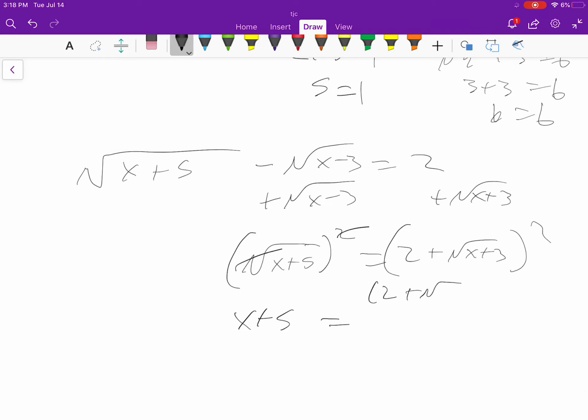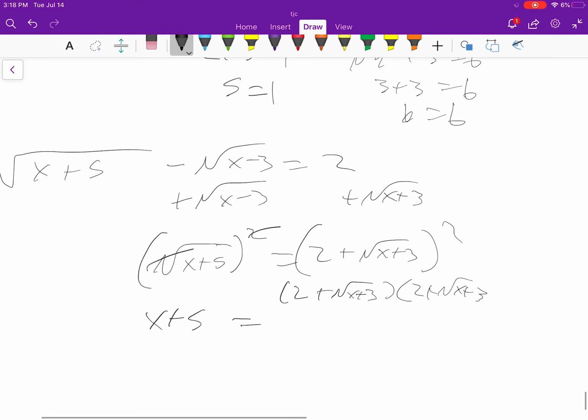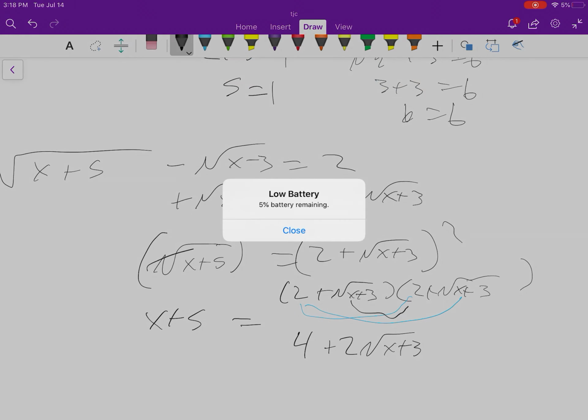Here, what you're going to have to do is FOIL this out. It's going to be 2 times square root of x plus 3 times 2 times square root of x plus 3. Okay, and then you're going to FOIL it out. 2 times 2 is 4. 2 times square root of x plus 3 is 2 square root x plus 3.